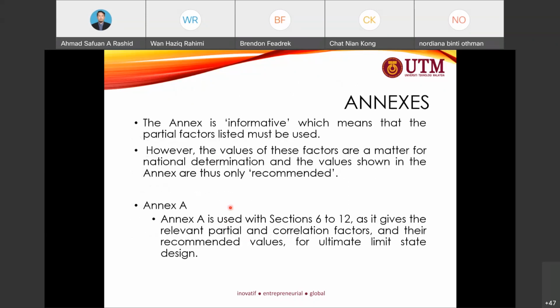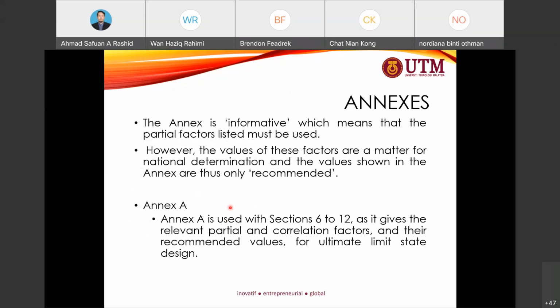So the annex is informative. This is the annex for the Malaysian standard, which means that the partial factors listed must be used. However, the values of these factors are a matter for national determination, and the values shown in the annex are only recommended.